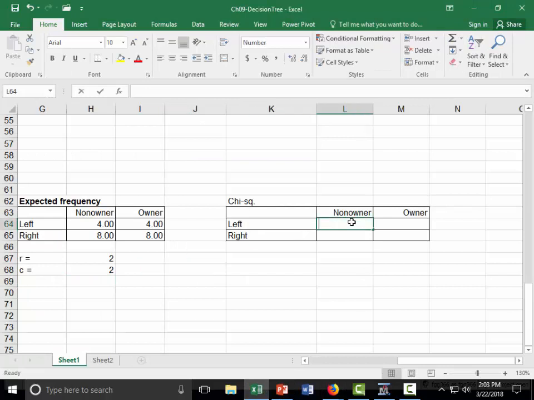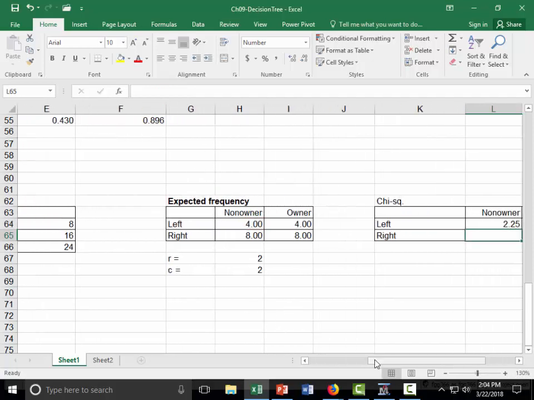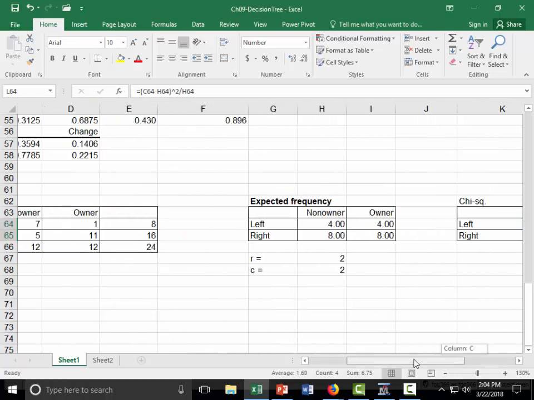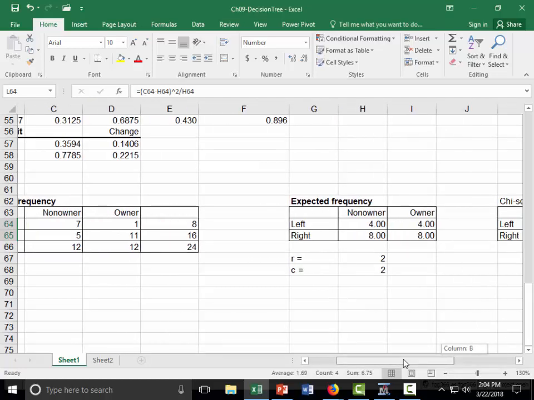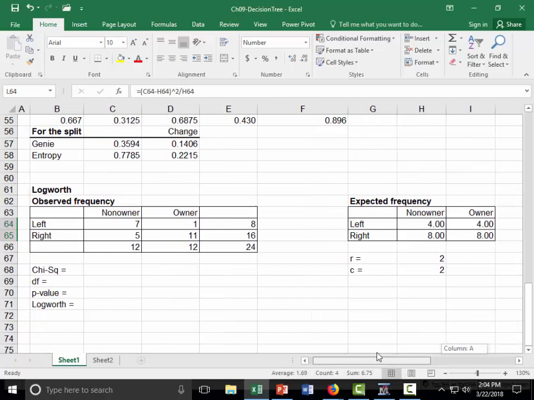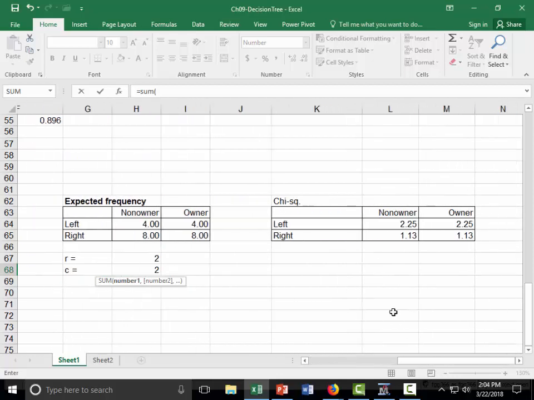So we take the observed frequency minus the expected frequency, square that and divide by the expected frequency. That will give us the chi-squared value for that cell and then the rest of the cells. Then the chi-squared statistic is the sum of all that.